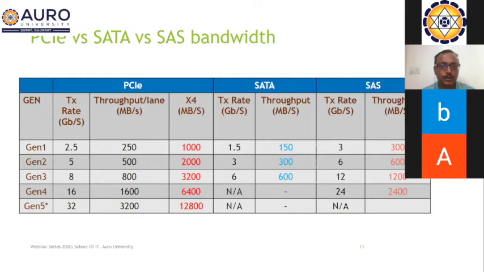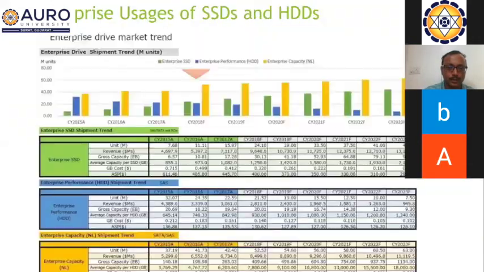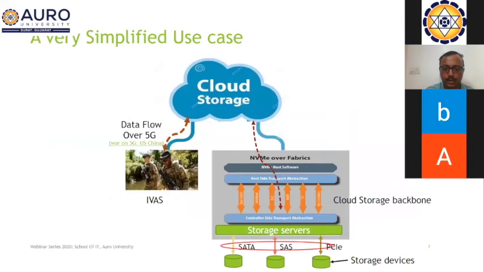So the question is, if the protocol is so fast, is there any storage device that can keep up? If you go back a couple of slides, we see that the PCI transport itself, this arrow, can drive data up to Gen 4, up to 6.4 gigabytes per second.